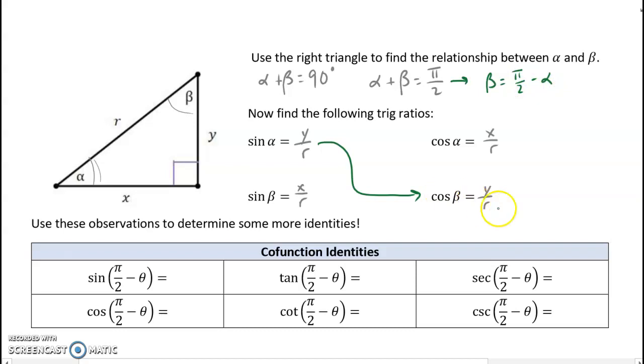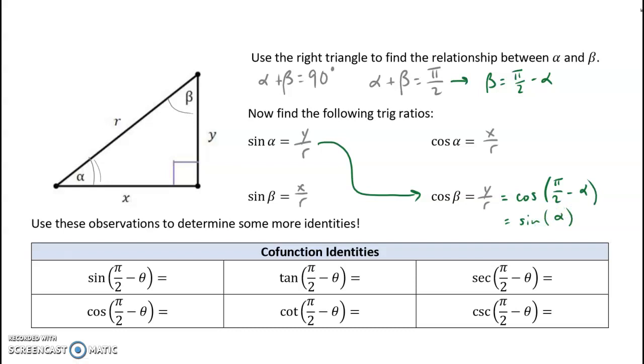So we can say that this thing right here is the same thing as the cosine of pi over 2 minus alpha. So what we're really seeing here is that the sine of alpha is the same thing as the cosine of pi over 2 minus alpha.